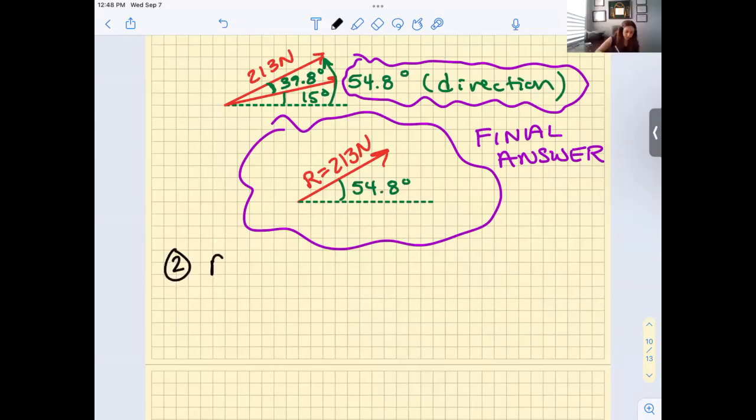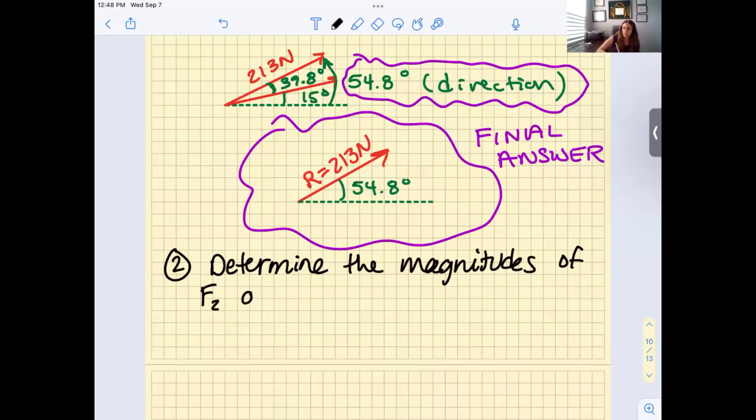Okay, number 2, it wants you to determine the magnitudes of F2 and FR. You're given that FR is vertical.